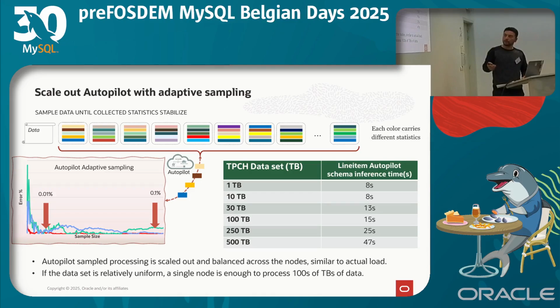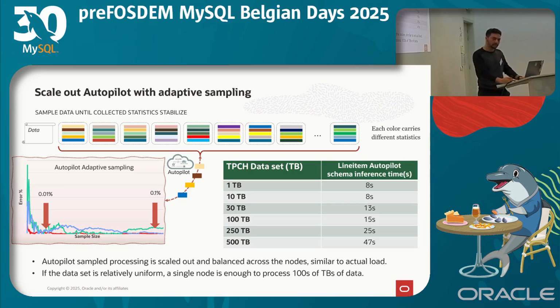Yeah, this is how it works. If you look at the data sizes for half a petabyte of data, this finishes in less than a minute. Without adaptive sampling, this would not be possible, obviously, but the trade-off is you have some probabilistic mistake, but in return you get this very, very nice runtime of detecting the schema.